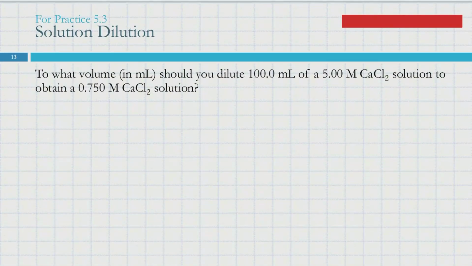Okay, one for you to try. To what volume in milliliters should you dilute 100 milliliters of a 5 molar calcium chloride solution to obtain a 0.750 molar calcium chloride solution? Okay, what's some information that we are given?